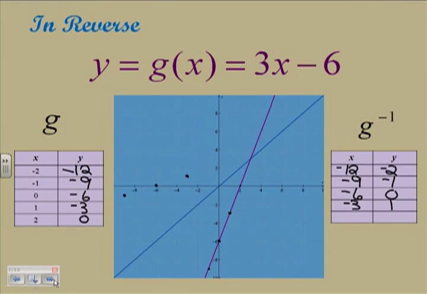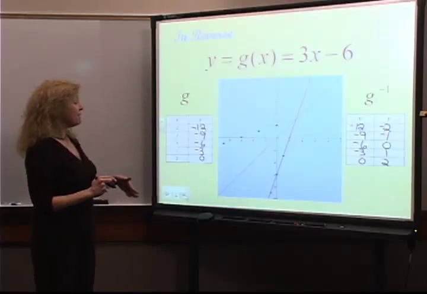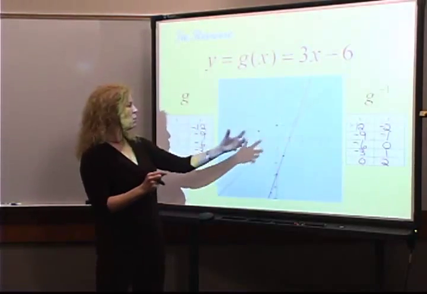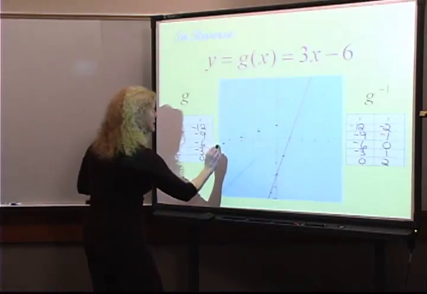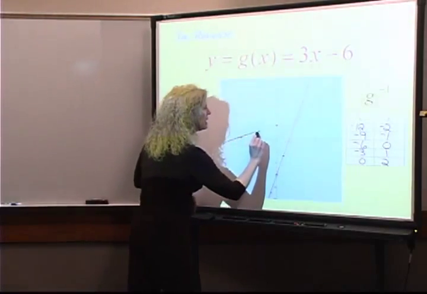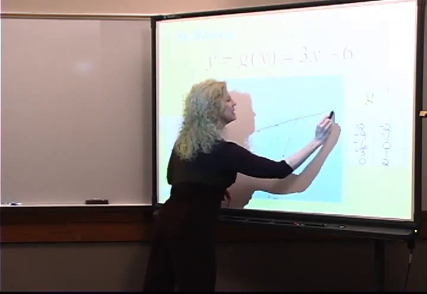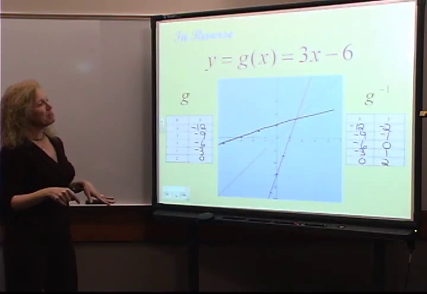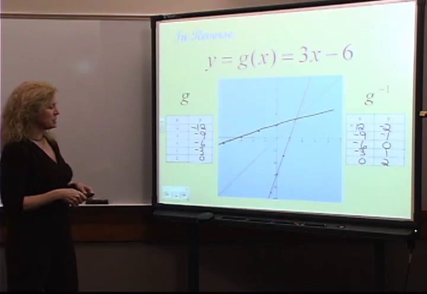And then 2, 0 becomes 0, 2. Okay? And he goes about here. Now you realize that I could actually find all of these points and then reverse the order on all of those. And so eventually I would get all of these points filled in. And if I could draw a straight line, there would be the graph of g inverse.